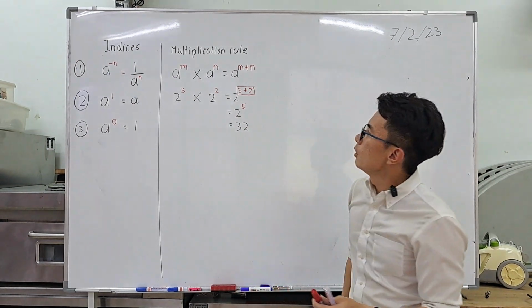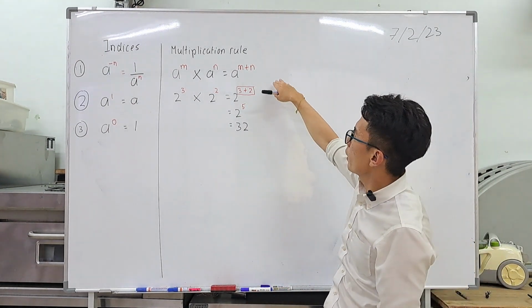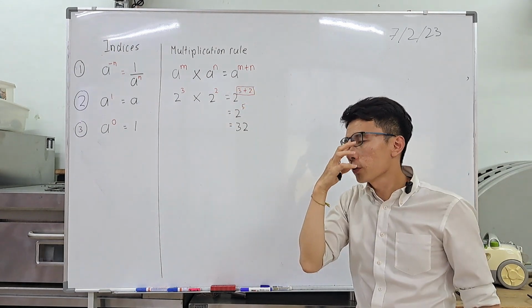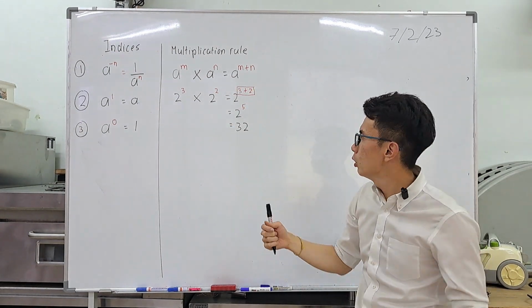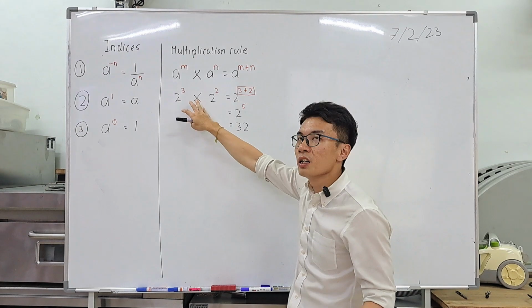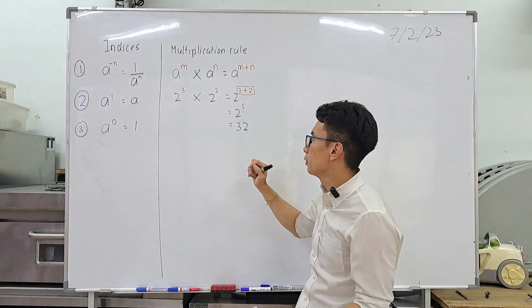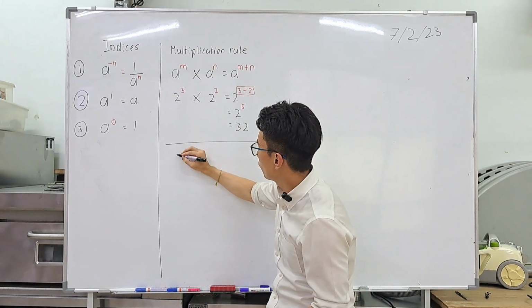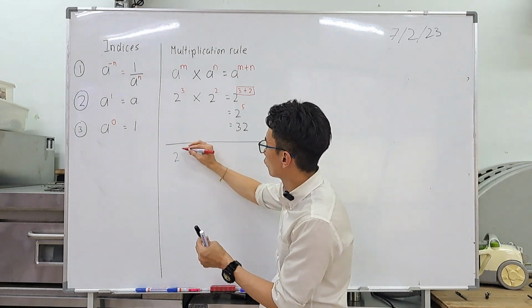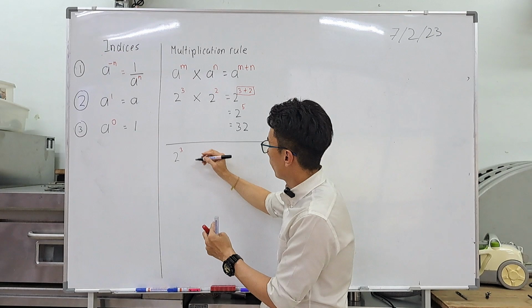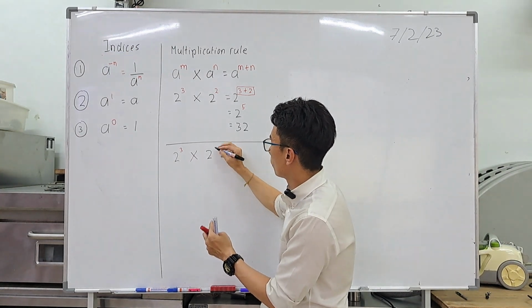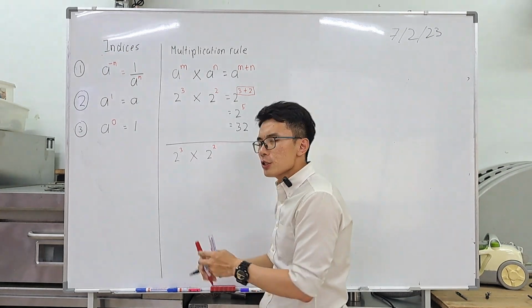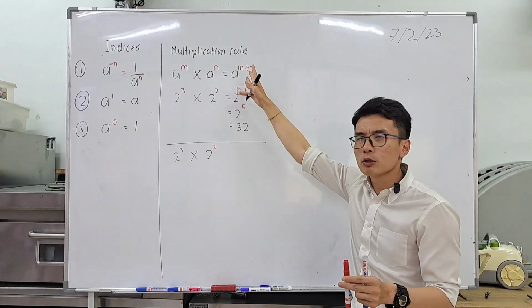Now, to show that this rule is indeed correct, here is another way to check. If I have 2 to the power of 3 multiplied by 2 to the power of 2, let's say you do not know about the multiplication rule.